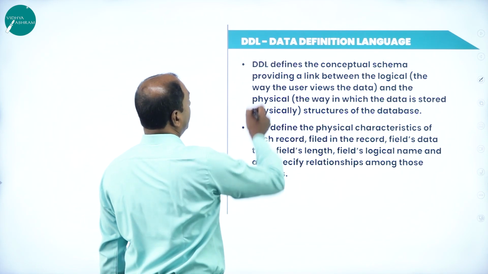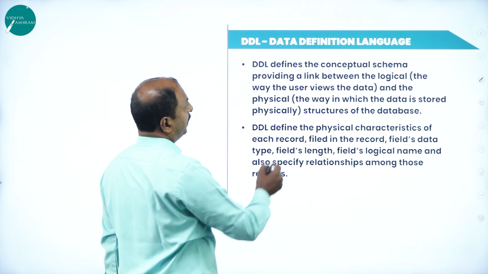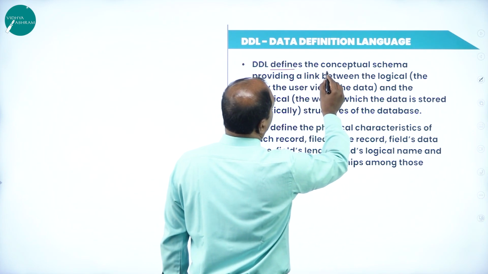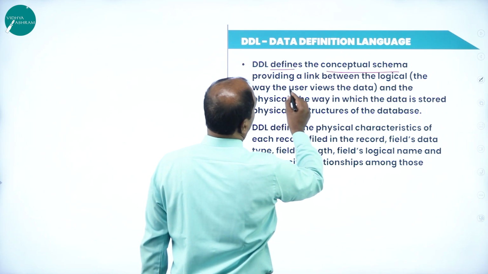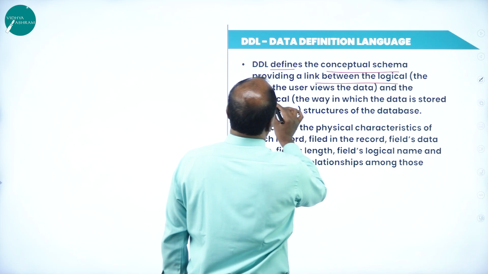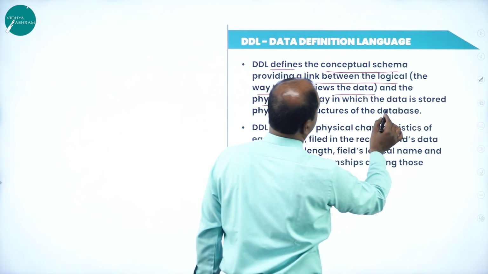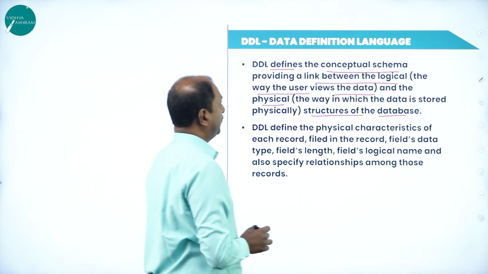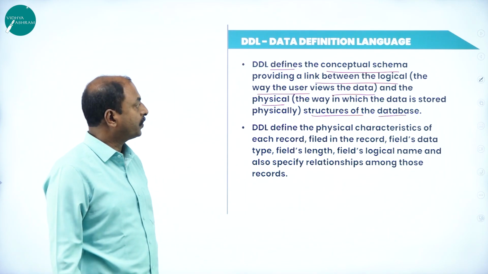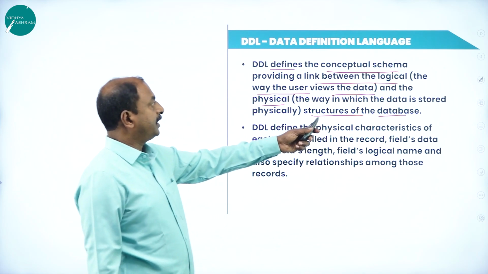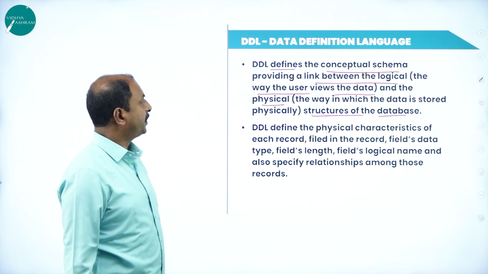So DDL, data definition language, defines the conceptual schema, providing a link between the logical way of the user views and the physical structure of the database. So DDL command is going to connect the physical layer database as well as logical layer instructions.